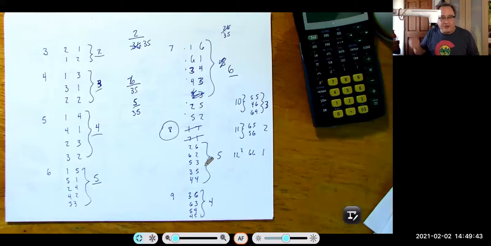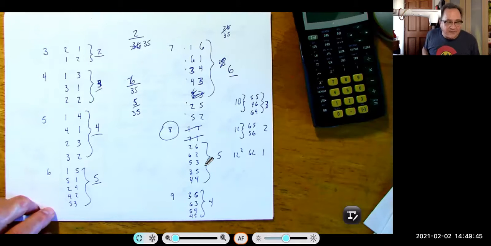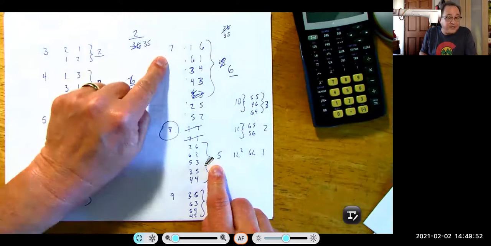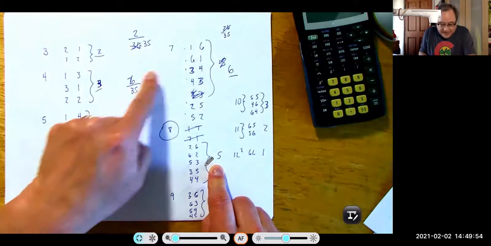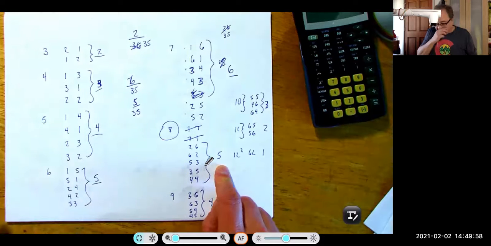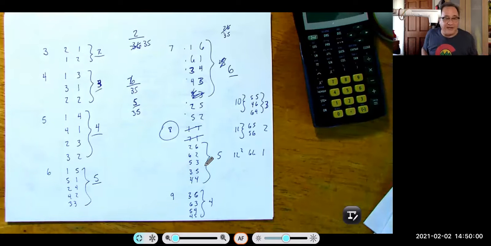And the idea is you keep rolling until you get a 7 or until you get an 8 again. What are you more likely to get, an 8 or a 7? Well, a 7, because you got 6 out of 35 chances of rolling a 7 and only a 5 of getting an 8. So chances are you're going to get a 7 before you get an 8. And if you get a 7 before you get an 8, you lose again. So 7 is like the worst thing to roll.